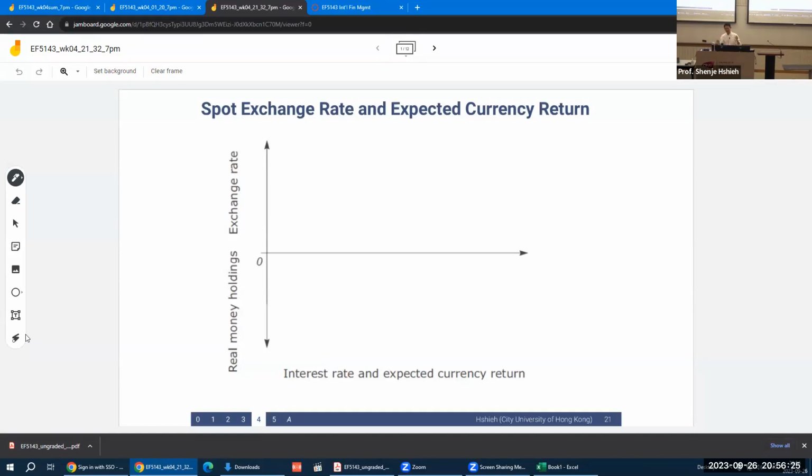So now the x-axis is interest rates, but we know interest rates can be written in another way: R equals R star plus E hat E minus E over E. Our x-axis from UIP is the same, it's just E. But now it has a shared y-axis going down away from the origin. Away from the origin means positive values, so it doesn't matter if it's up or down. Real money holding is just L, so I'll write L here.